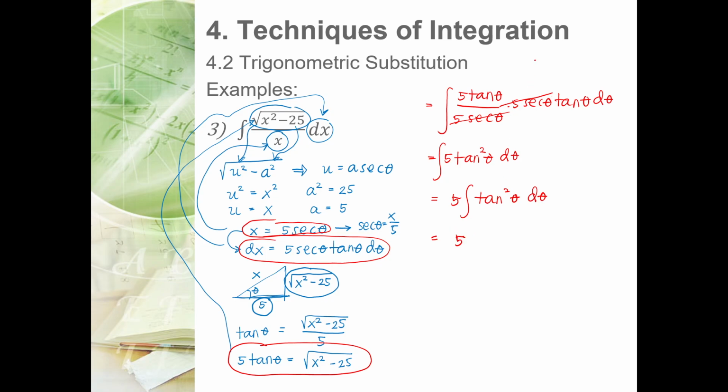Again, the tangent Pythagorean formula is 1 plus tangent squared theta is equal to secant squared theta. Then isolating tangent, tangent squared theta is equal to secant squared theta minus 1. So this becomes the integral of secant squared theta minus 1 d theta.